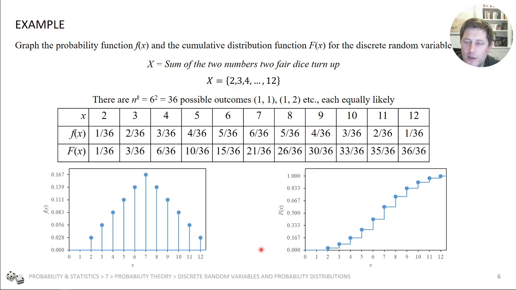And again, the cumulative distribution starts at 0, and then it steps up each time as you add on the next increment until we get to 1. And so the combination of the two dice can't be greater than 12, and so every possible outcome must be 12 or less, and so the cumulative distribution at this point is equal to 1.